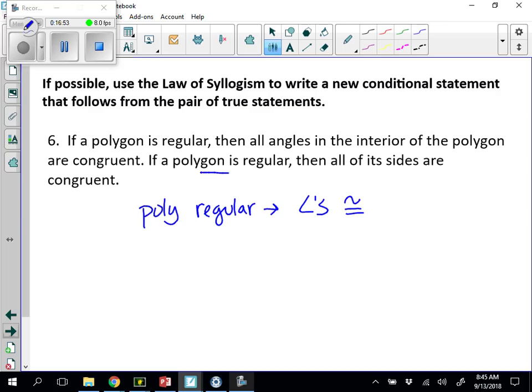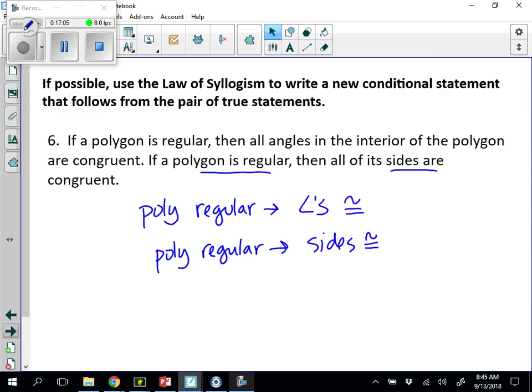Okay, second one, polygon is regular, leads to sides congruent. Okay, look for an ending and beginning. And I don't have one. See how these two beginnings are the same? So this is an example that I cannot use the law of syllogism. Okay, so I'm just going to say here, cannot apply law of syllogism.